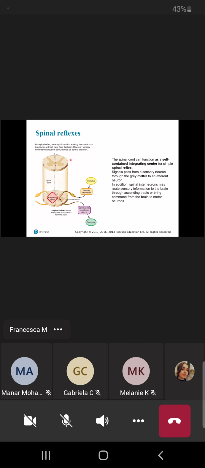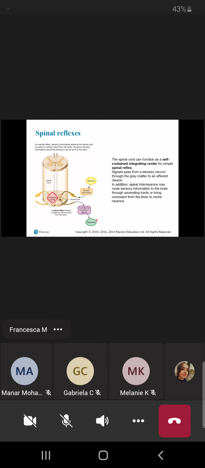The spinal cord is able to elaborate these simple stimuli. Of course, from the interneurons, the information can be sent to the brain, and using the efferent division, the output arrives in the ventral horn, and so we have the regulation of the response. But for the spinal reflex, everything is elaborated in the spinal cord.